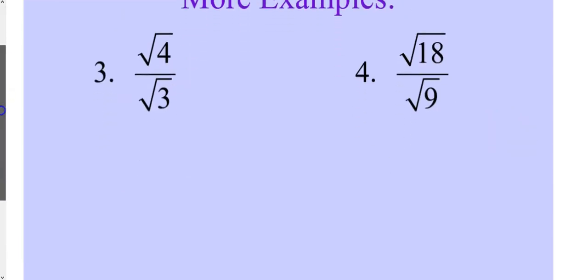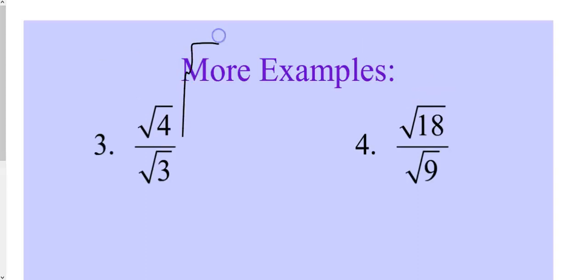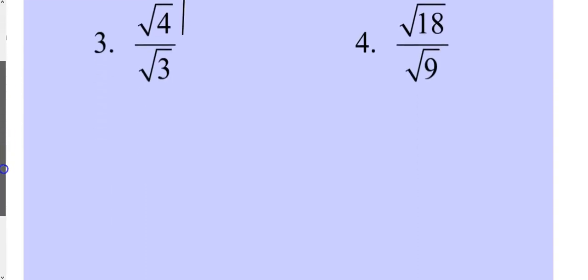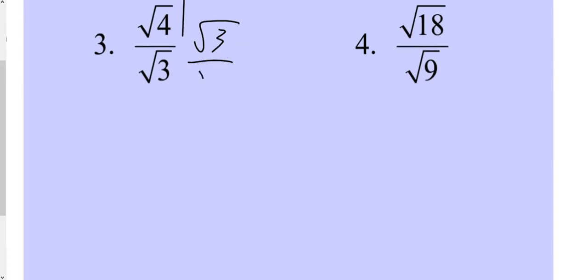A few more examples. Radical 3 over radical 3. Now, again, you could do radical 12 unless you catch it and go, wait a minute, this is just the number 2. So on the top, I have 2 radical 3, and on the bottom, I just have 3.